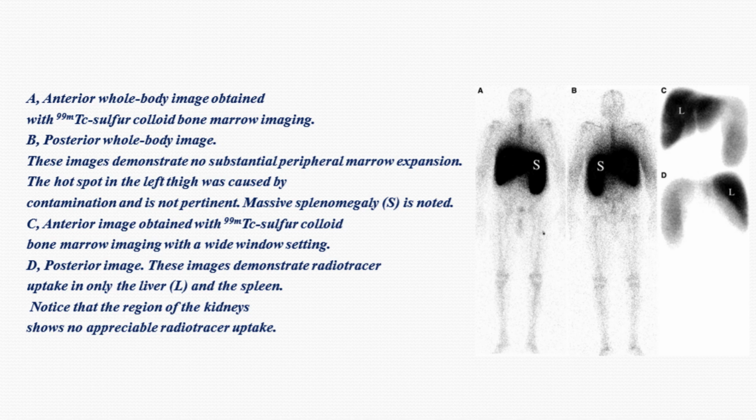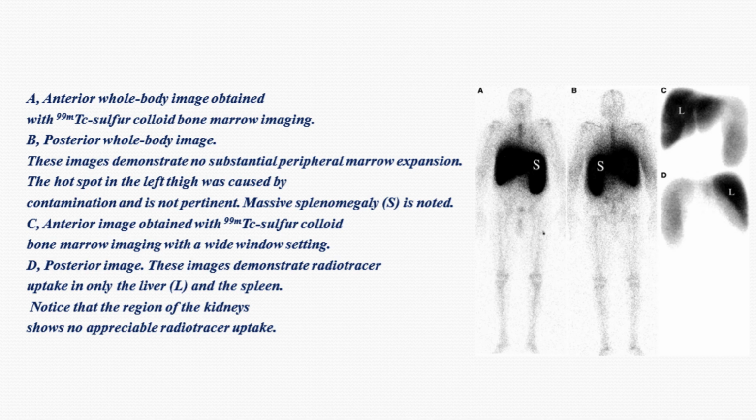Image A shows an anterior whole body image obtained with technetium-99m sulfur colloid bone marrow imaging, while B is a posterior whole body image. These images demonstrate no substantial peripheral marrow expansion.